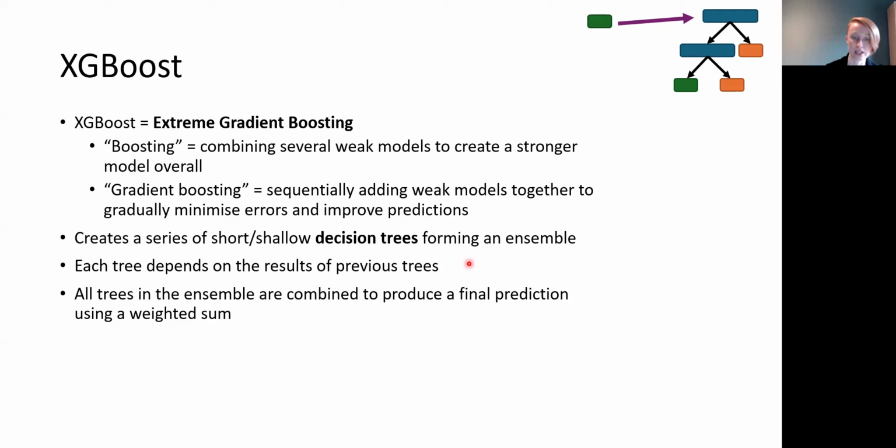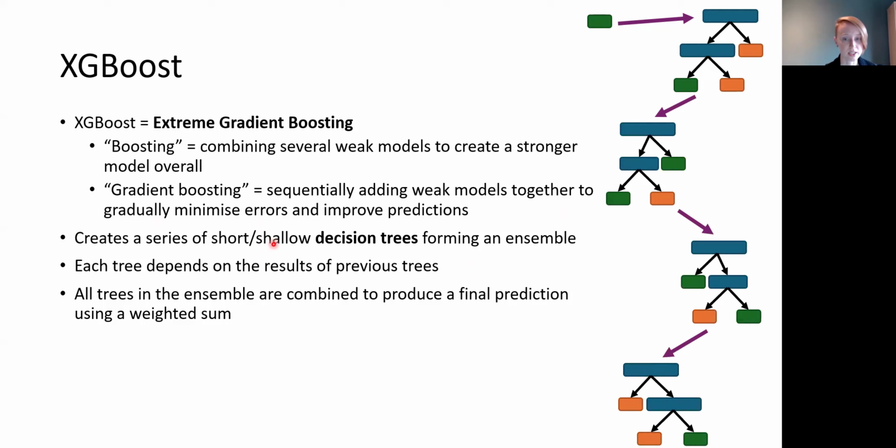And gradient boosting essentially putting that in the context of adding these weaker models together sequentially to gradually minimize errors and improve our predictions. So what does this actually look like?